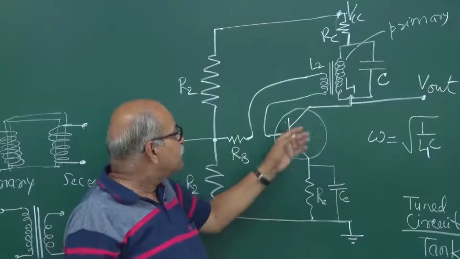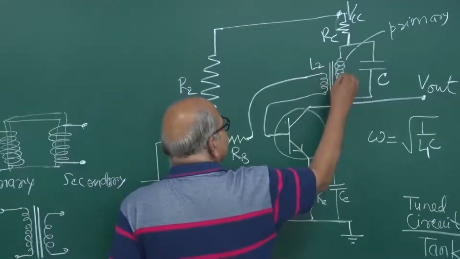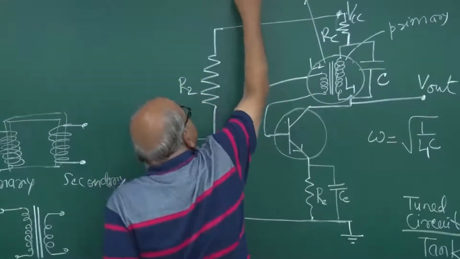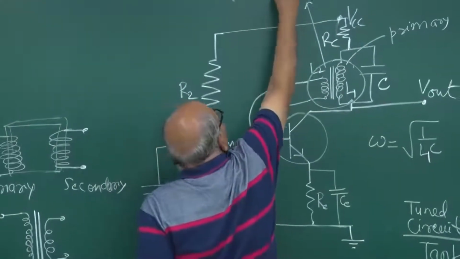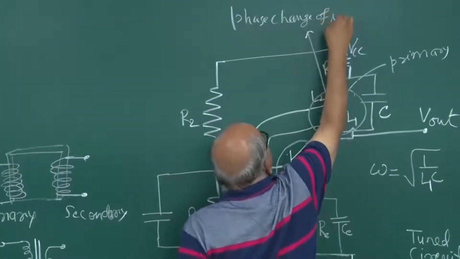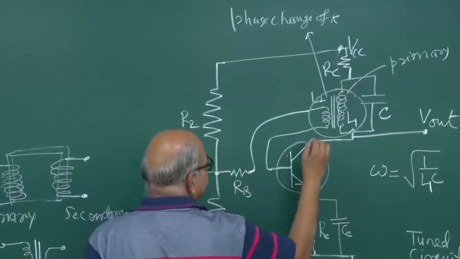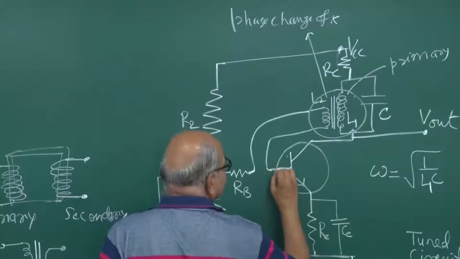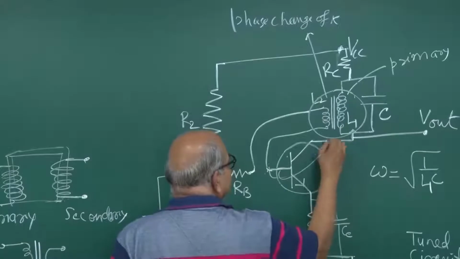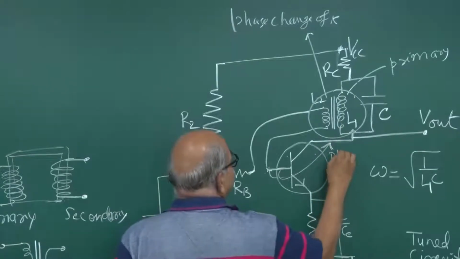So there is a phase change of pi here, and then here again there is a phase change of pi from this base to this collector.